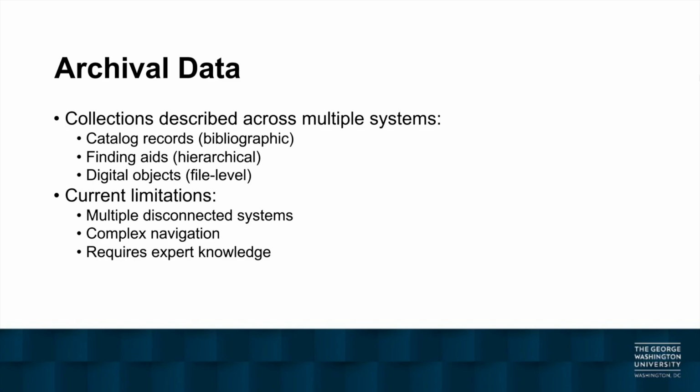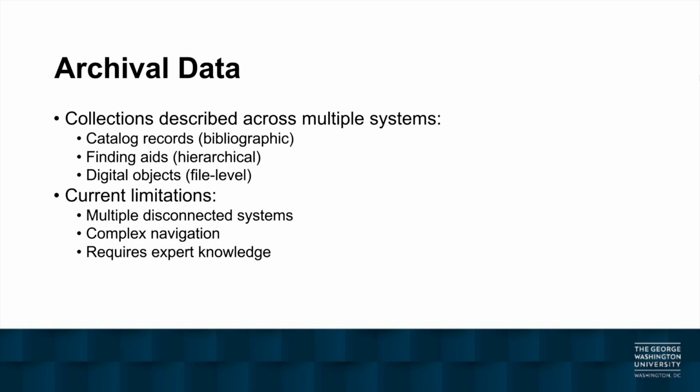There's a catalog record that provides basic bibliographic information. There's a finding aid that gives detailed context and arrangement information. And there are also potentially digital objects online in loc.gov from that collection.